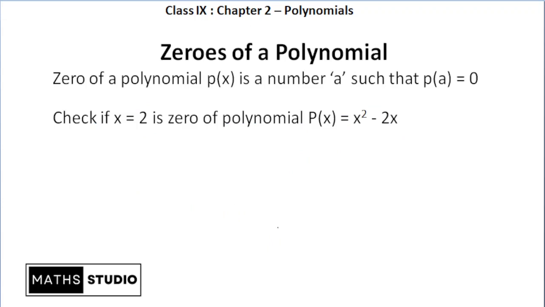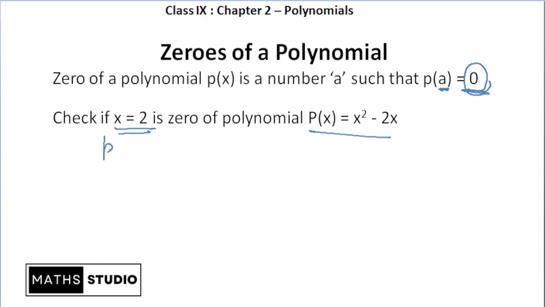Now what are the zeros of a polynomial? Zeros of a polynomial is nothing to be scared of. Basically, we have to find one such value, in this case I'm calling it a, such that putting that in the expression, we end up getting the overall value of the polynomial to be 0. Now let us check if x equal to 2 is a zero of this polynomial.